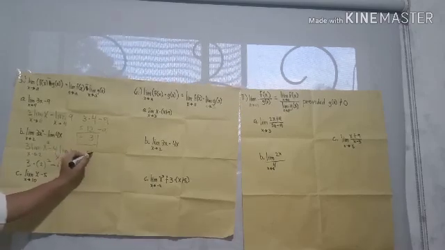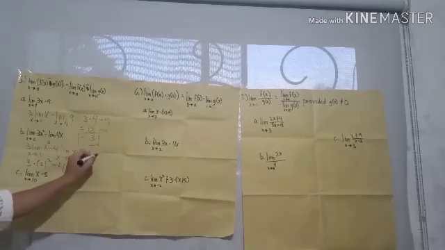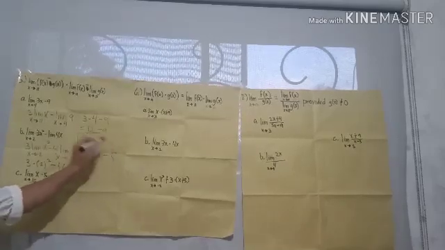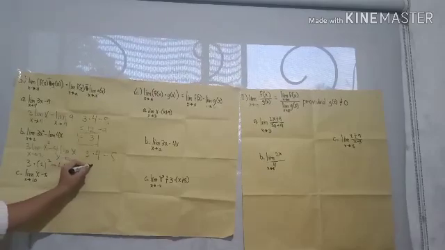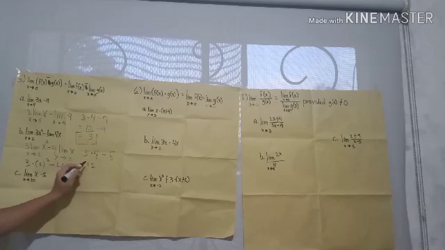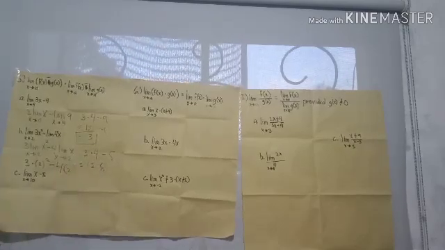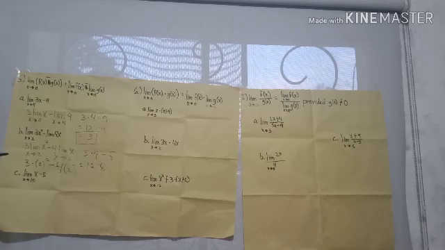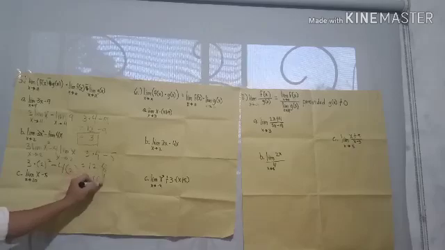So 3 times 4 minus 8. We evaluate. 4 times 3 equals 12 minus 8. Now the answer is 4.